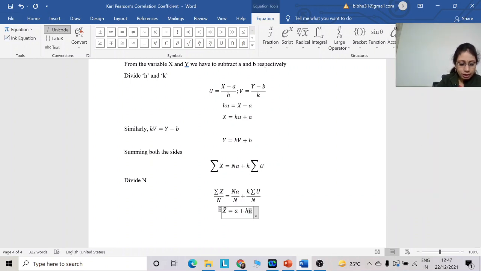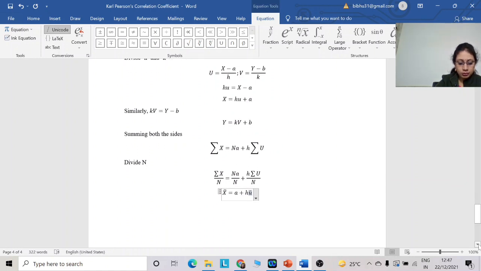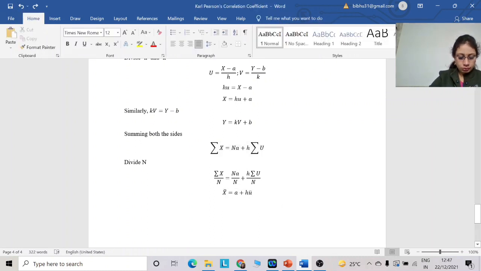Okay. Now x bar is equal to, which we will write now.